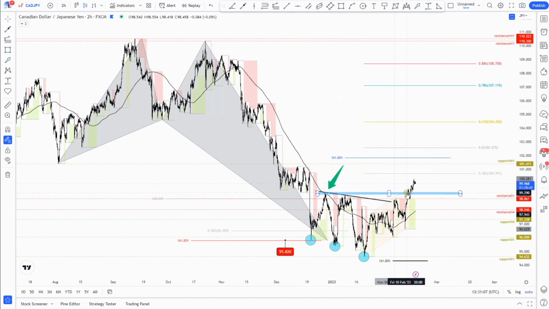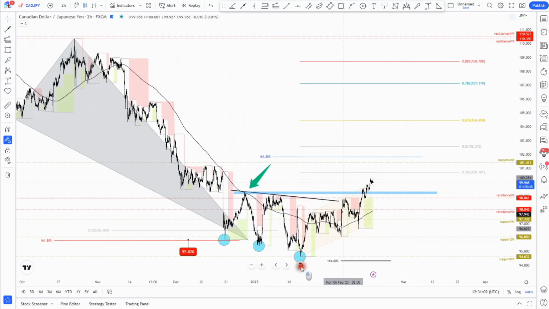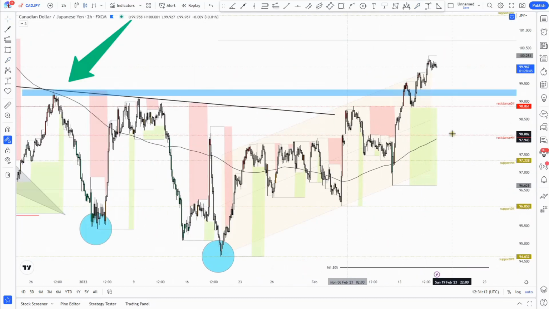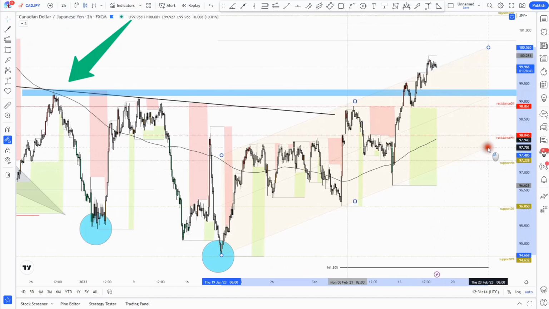Target achieved, and if you go into a lower time frame, we are also facing, let's say, the highs of this eventual ascending channel.